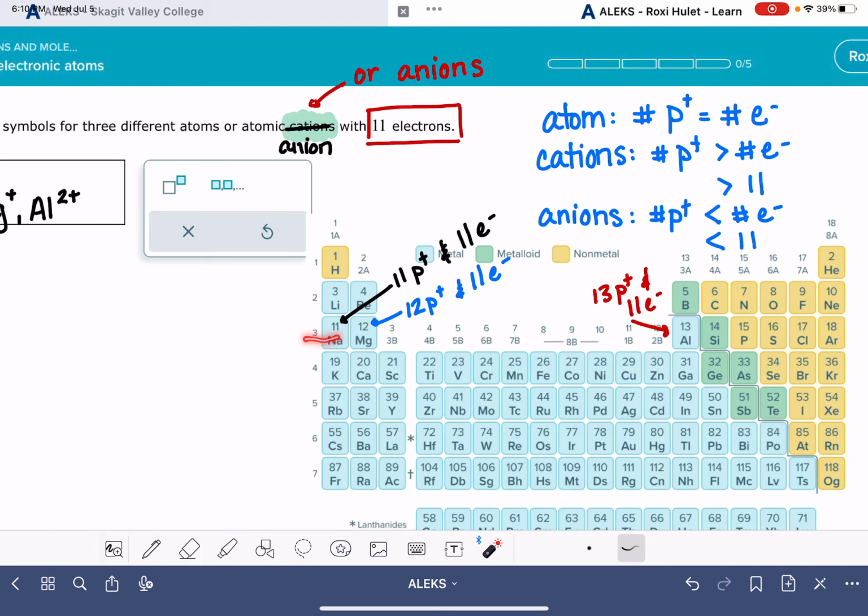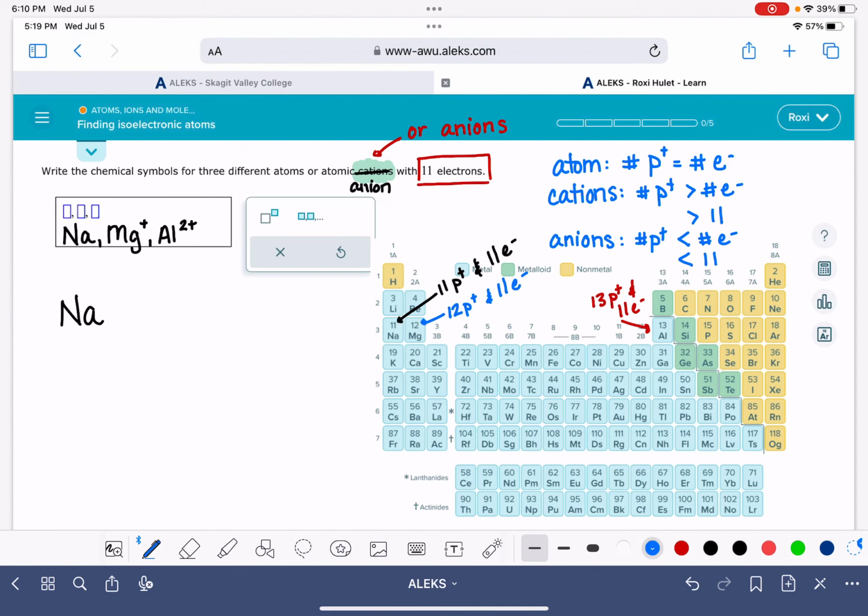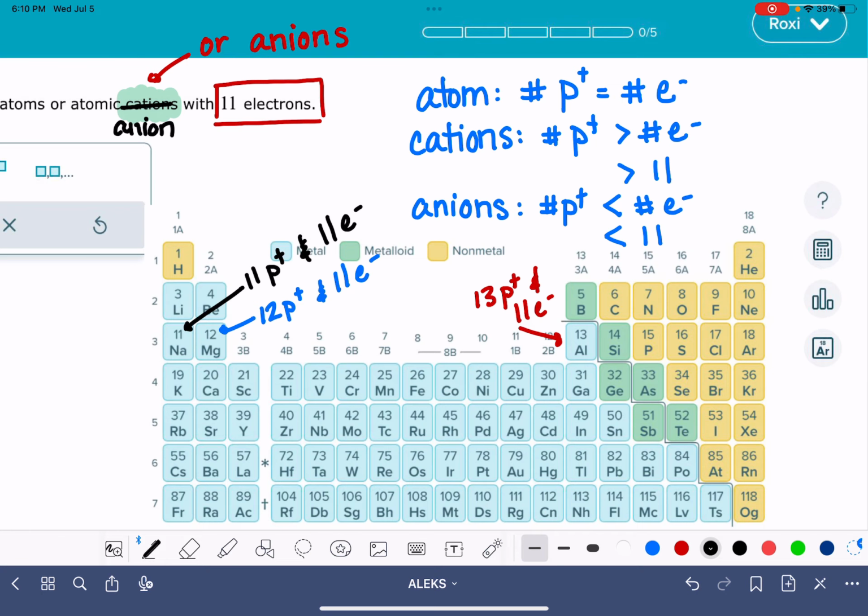I'm going backwards. From 11, I'm going to go back to element number 10. That is neon. Neon normally has 10 protons and 10 electrons, but in this problem we're pretending it has 11 electrons.